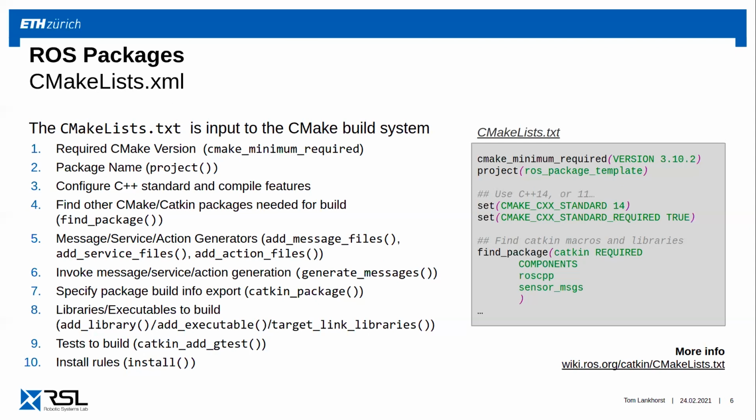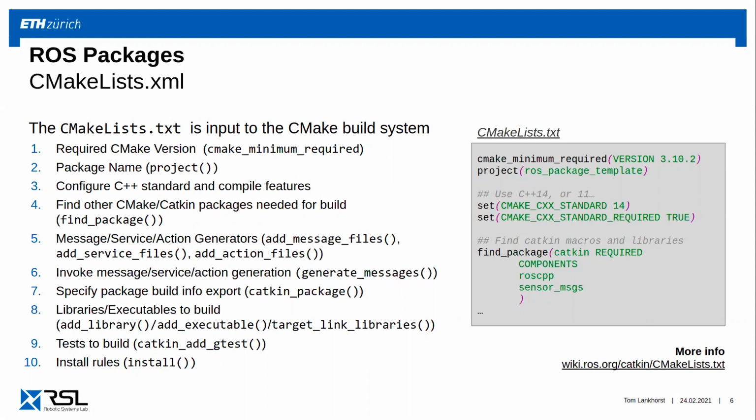There are more functions that will be called in the typical CMakeLists in ROS. And when you generate a new catkin package, you will see that this CMakeLists file is actually quite long, and there is lots of content. Most of it is commented out, and it will allow you to uncomment, let's say, the parts that you need in your package.